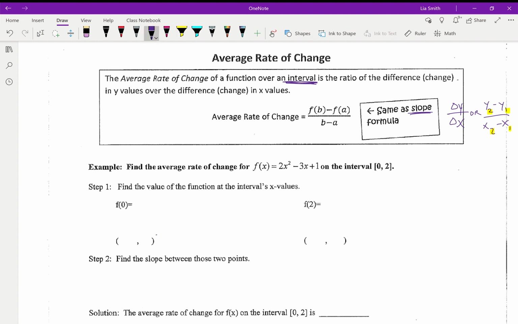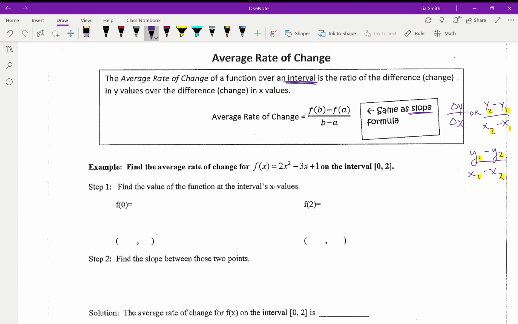You could switch them around and you could say y1 minus y2 over x1 minus x2. You'll get the same number, but your interpretation might be a little bit off. The thing to notice is, again, even though I've switched it up, the 1's are in line with the 1's and the 2's are in line with the 2's.